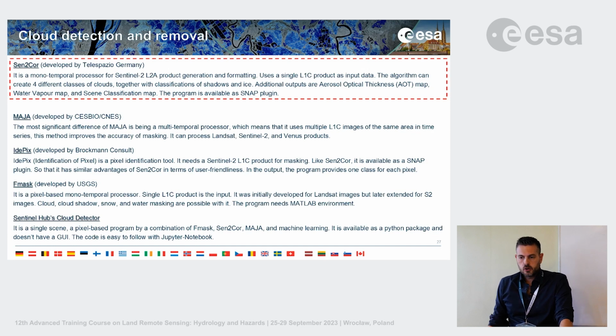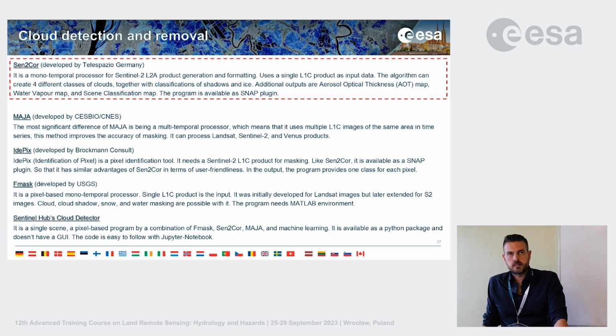This is the output. So 11 bands at 60 meters, 9 bands at 20 meters, 4 bands at 10 meters. And after you have the aerosol optical thickness map, water vapor, and classification map. For the bands, you have the 4 bands at 10 meters.